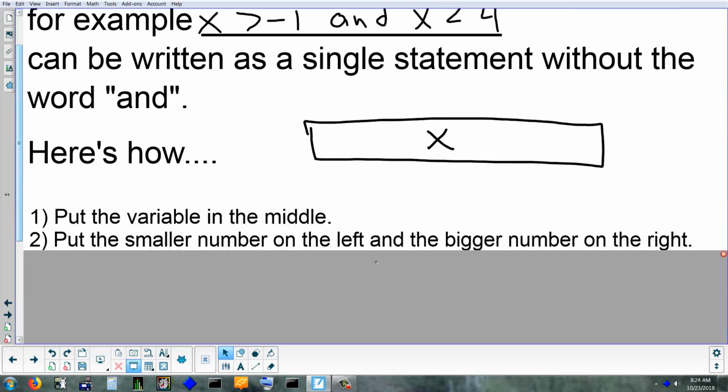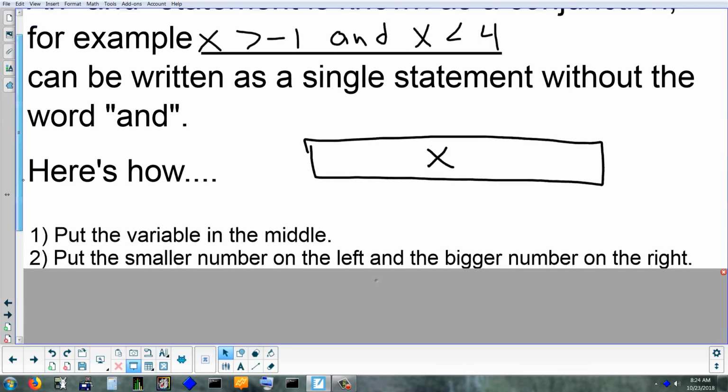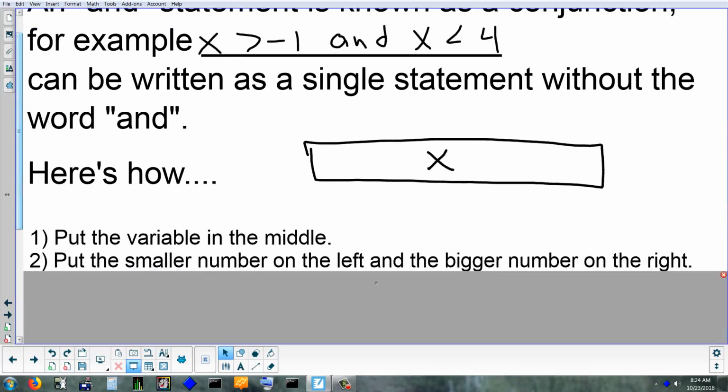Next, put the smaller number on the left and the bigger number on the right. So I'm going to look at my numbers. What's smaller, -1 or 4? Yeah, a negative number is always smaller than a positive. So put the smaller number on the left. Put the bigger number on the right.